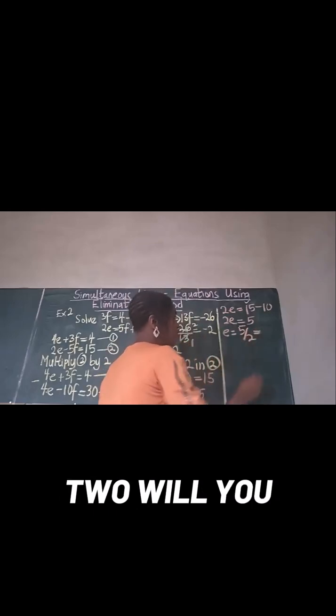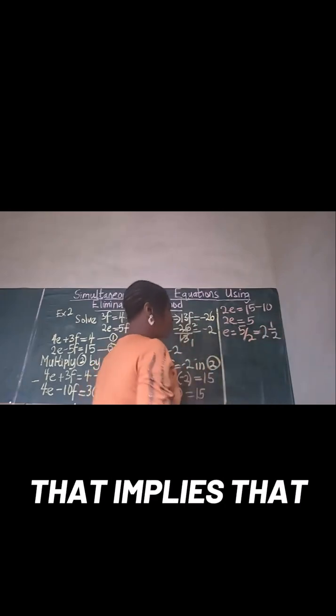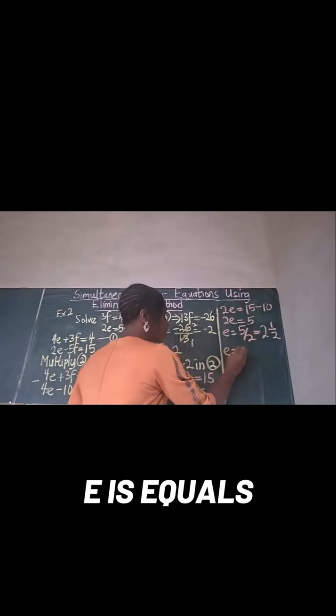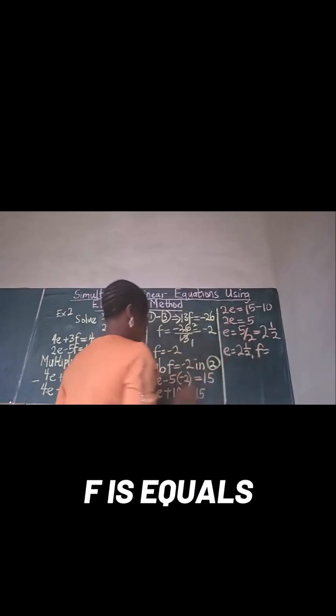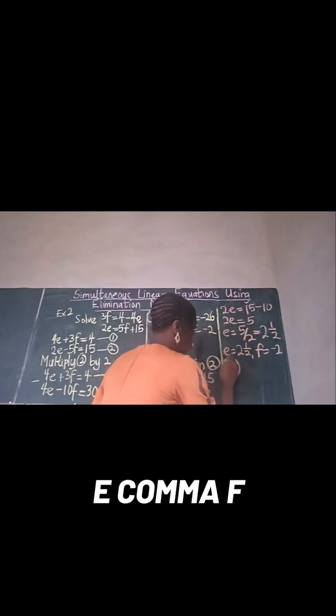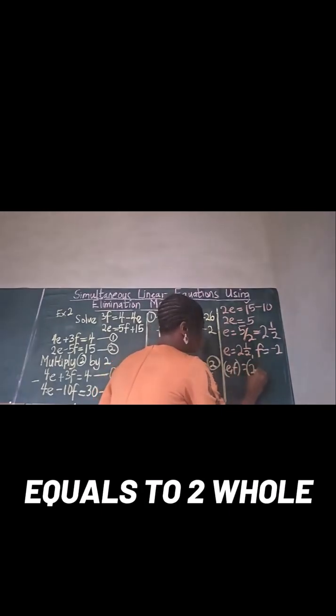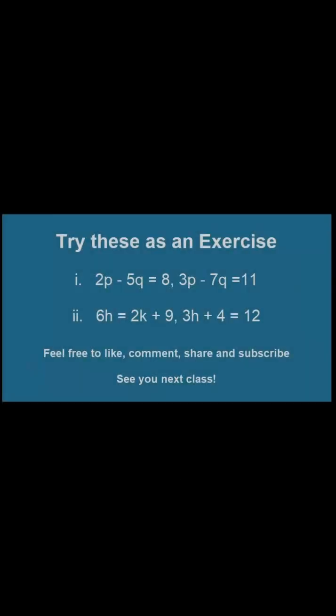So how many 2s will you see in 5? 2, remainder 1/2. So that implies that E is equal to 2 whole number 1/2, and F is equal to -2.